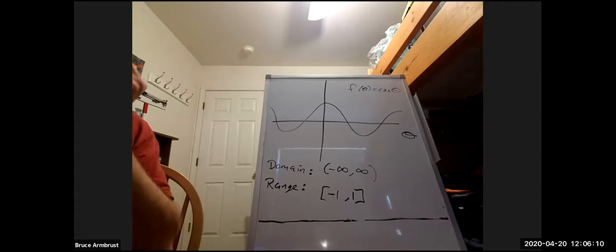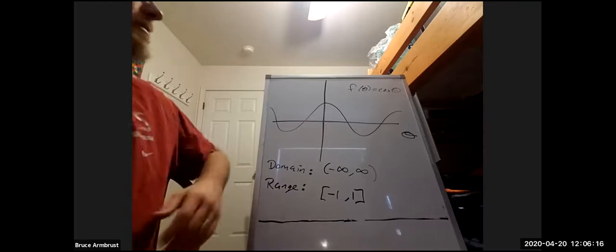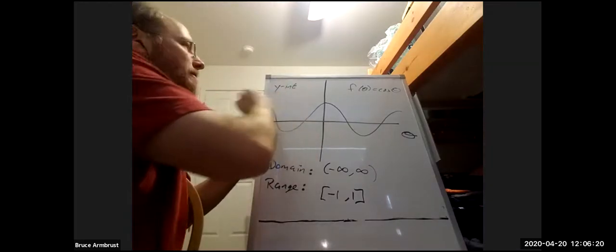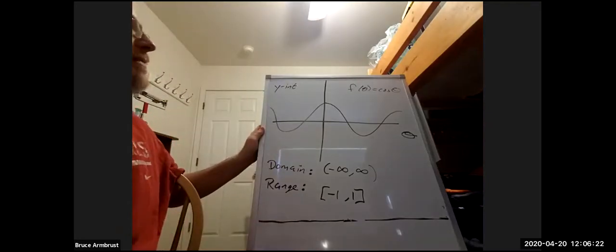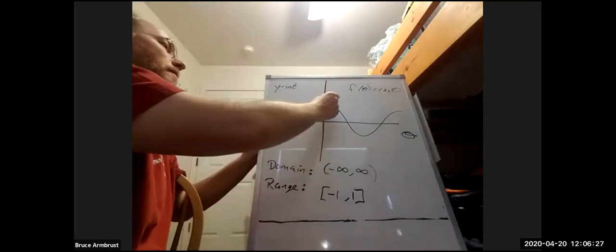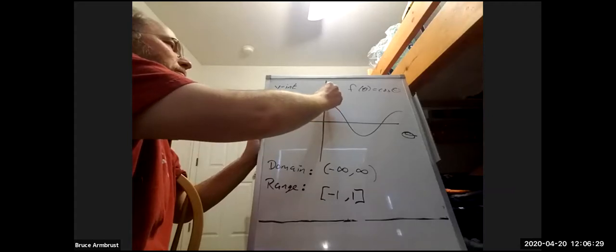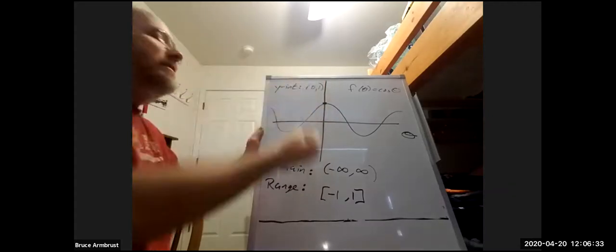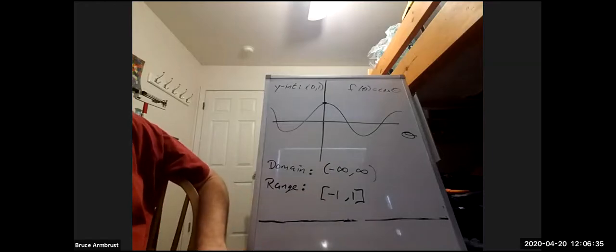Let's talk about some of the other things that we know about this graph in terms of just graphs, like intercepts. So let's write up here the y-intercept. Right? So the y-intercept, where we actually cross the y-axis, the vertical axis, it was this point right here. And we see that that's the point 0, 1. So cosine goes through the point 0, 1.